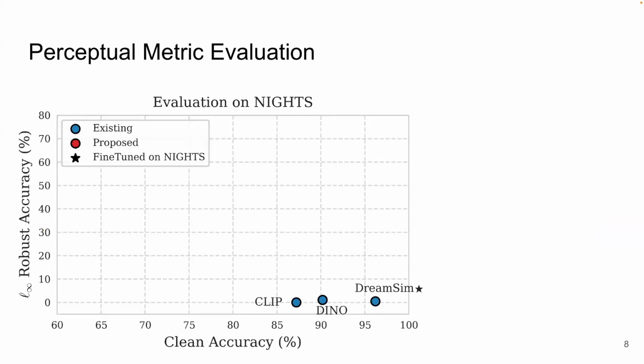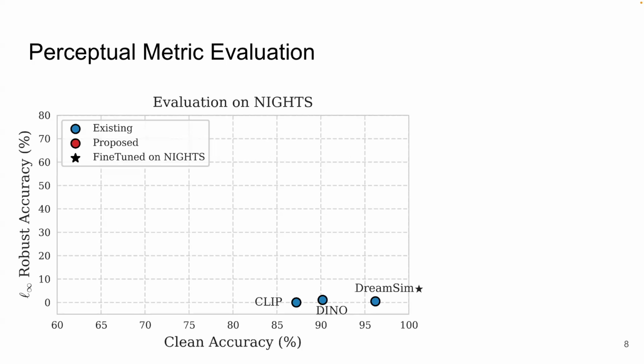So let's look at some results. Here we have, on the NIGHTS dataset that I showed earlier, the clean accuracy on the x-axis and the robust accuracy on the y-axis. We have some existing similarity metrics, so pre-trained CLIP and DINO models that are evaluated in a zero-shot fashion on this dataset, and we can see they attain fairly high clean accuracy, but they are completely non-robust.